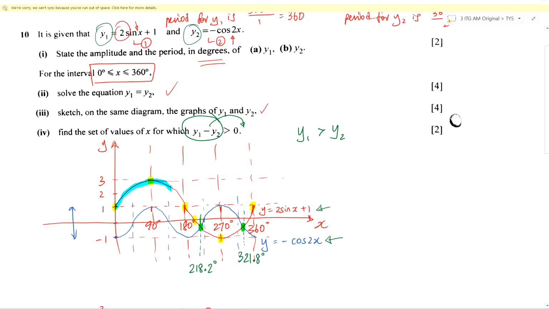Over here, it is higher than the blue graph until this point. That is from 0 to 218.2. Now from 218.2 up to the next intersection point of 321.8, we have y2 greater than y1. So we do not want that range. Then we continue. Once we go past 321.8, we have y1 greater than y2 again.